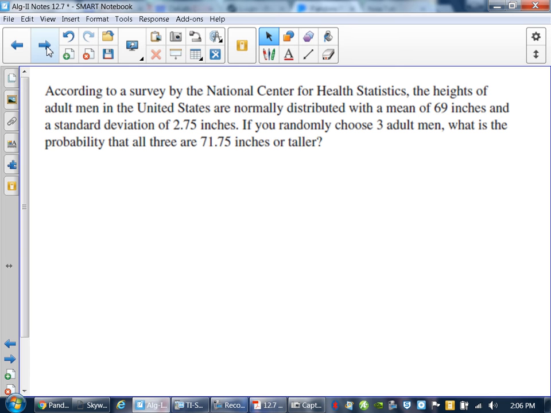Then 0.0235, and then 0.0015. It matters to me. You have to know how to make it. That's why I said all you have to know is 68, 95, and 99.7. If you know those 3, see how fast it was to build it? If you remember those 3 numbers, you're fine. Okay. Now here's what happens.